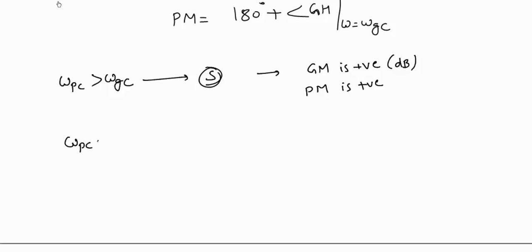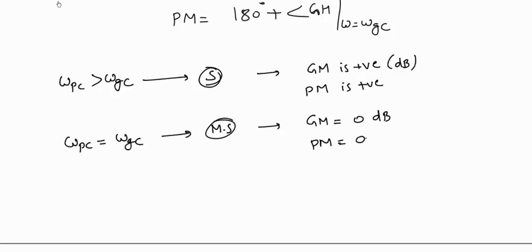Next, when omega pc is equal to omega gc, the system is marginally stable. In this case, gain margin is equal to 0 dB and phase margin is also equal to 0 degrees. And when omega pc is less than omega gc, the system is unstable.